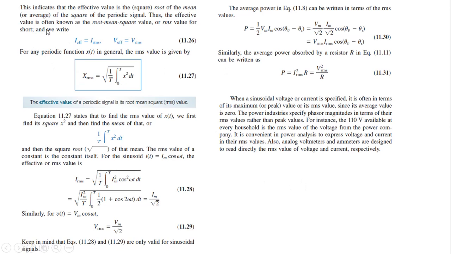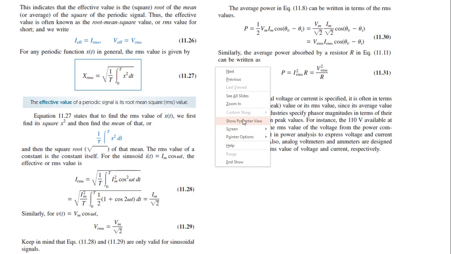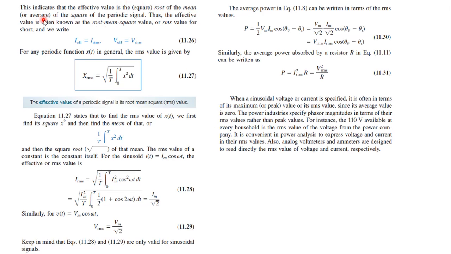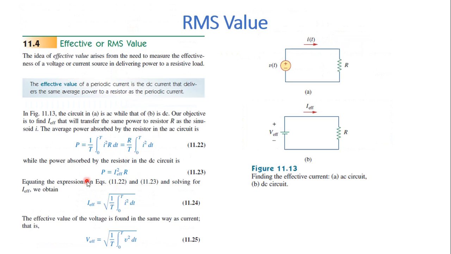This indicates that the effective value is the square root of the mean or average of the square of the periodic signal. If you look at this equation, 1 by T integral from 0 to T of i squared dt is nothing but the mean of the square.